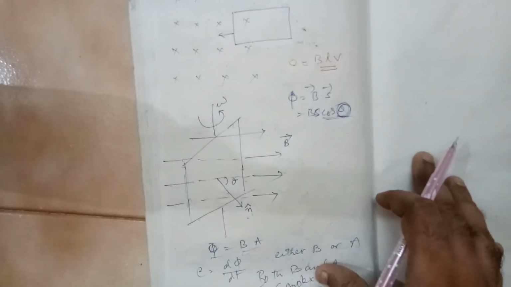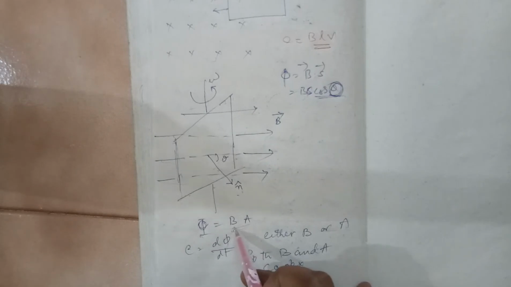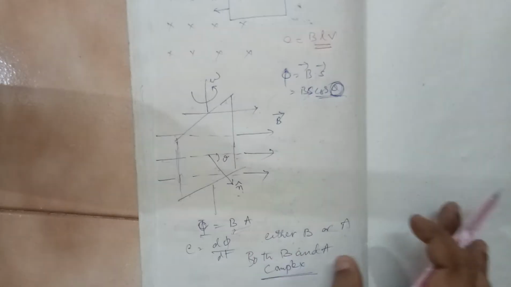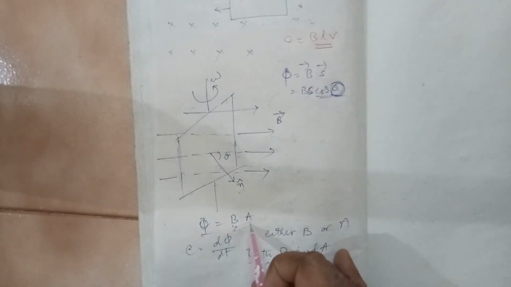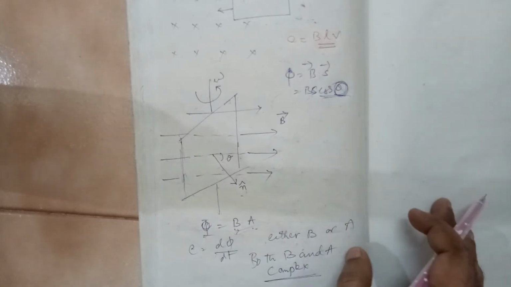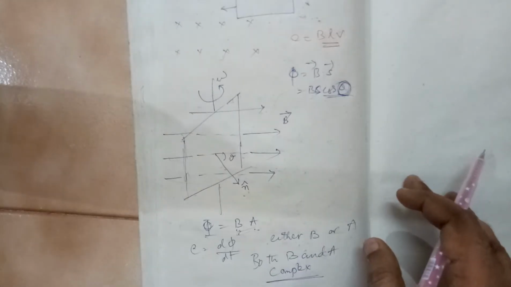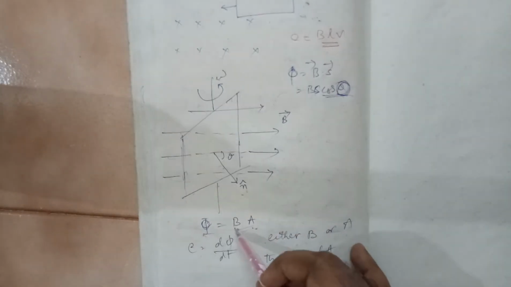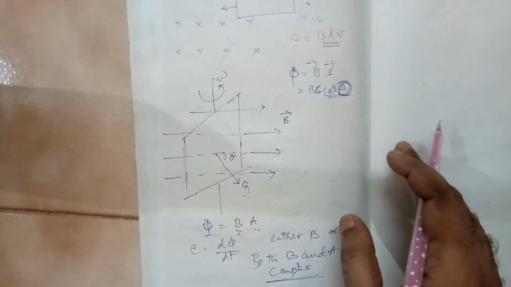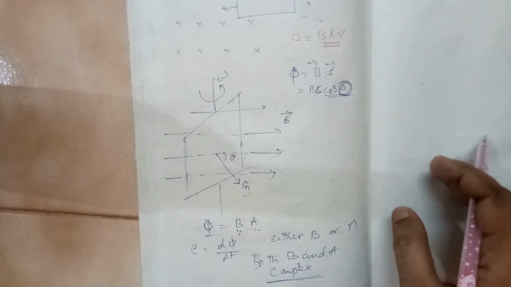So can we say it in this way, that when flux is a product of B and A, you can change B keeping A constant over a period of time, or you can keep A constant and change the magnetic field. Can there be a scenario where you are changing both? The answer is yes, but it is a very complicated situation.